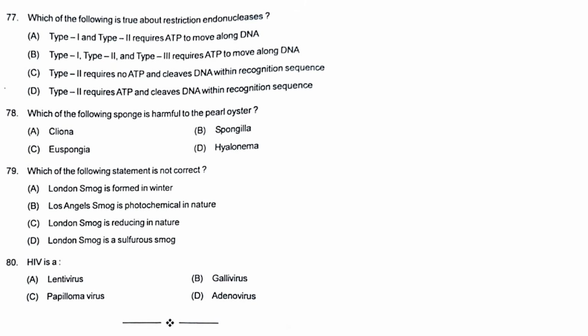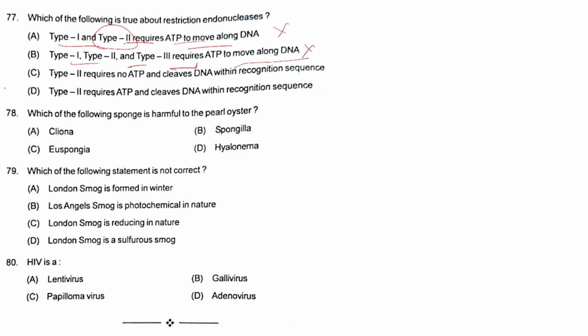Next, question number 77. Which of the following is true about restriction endonucleases? Let's read the options. Option A: type 1 and type 2 require ATP to move along DNA. So this is wrong. Type 2 does not need ATP. Then option B: type 1, type 2, type 3 require ATP to move along.